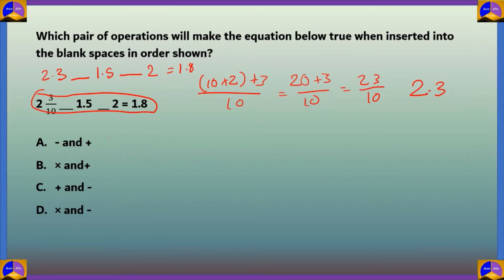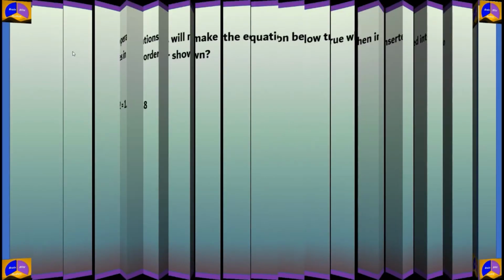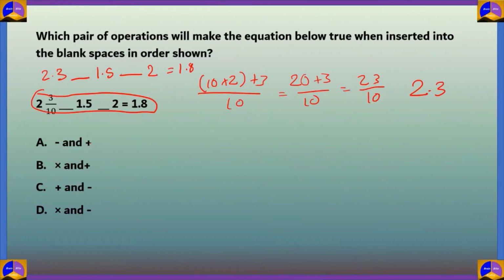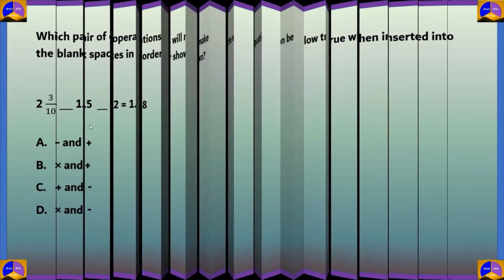Now, let's start adding these options into this equation. First option is minus and addition. 2.3 minus 1.5 plus 2 is equal to 1.8. Or we can find what it is equal to.